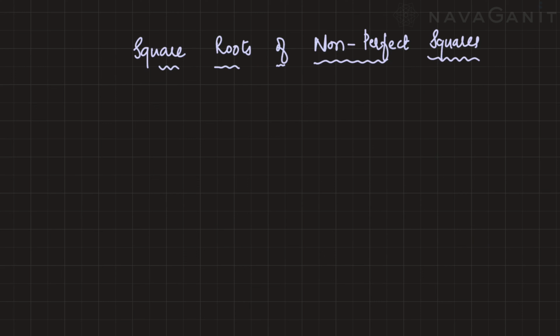We've seen that square root of 4 is 2, square root of 9 is 3. But what about numbers like 2 and 3 which are not perfect squares? Because 4 is a perfect square, square root of 4 is 2. Similarly, 9 is a perfect square, so its square root is 3. But what about square root of 2?